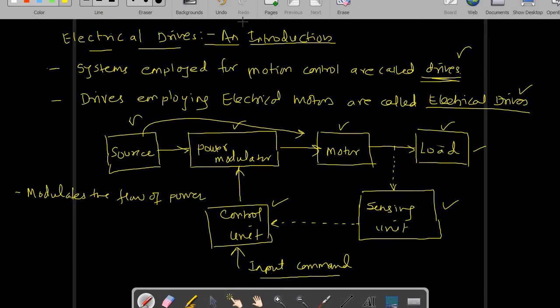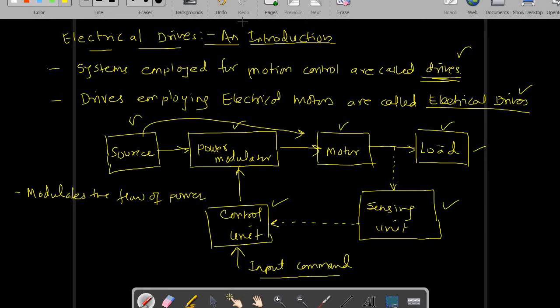That means it will not allow current to go beyond the permissible or desired value. So excessive current drawn from the source may overload or may cause a voltage dip, and hence it is very important to control that current, and power modulator performs that function.